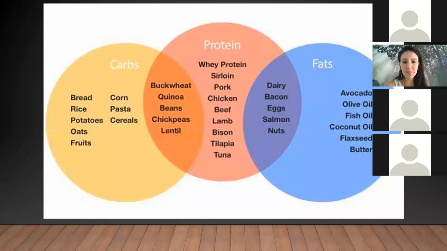Here are some food examples of what carbs are, proteins are, and fats are. And where you see the overlapping circles, that's where the food item actually has both carb and protein, or fat and protein. So just take a little look-see here.